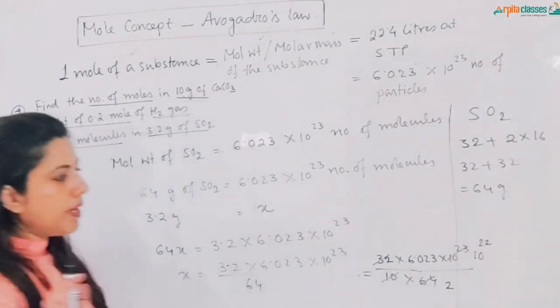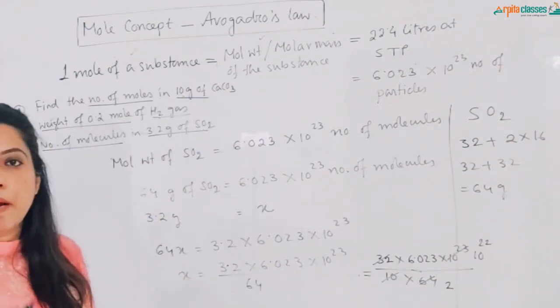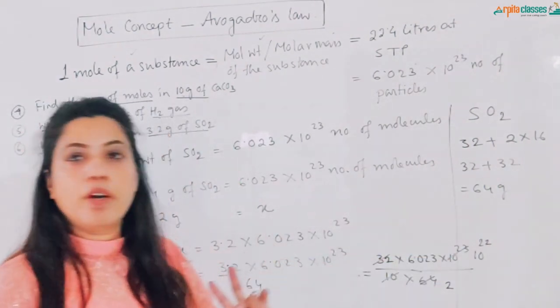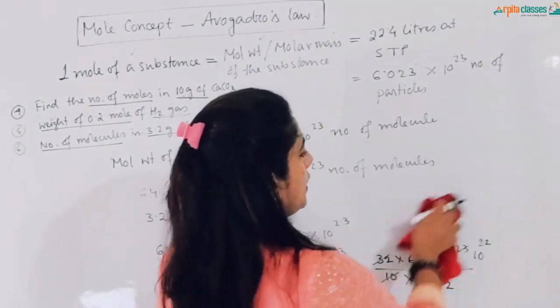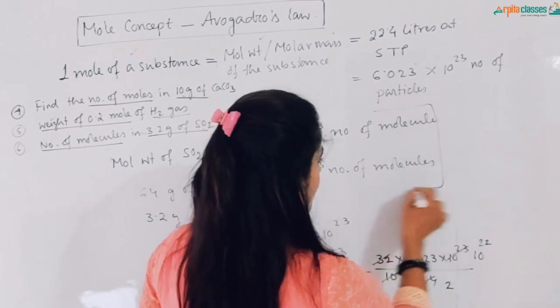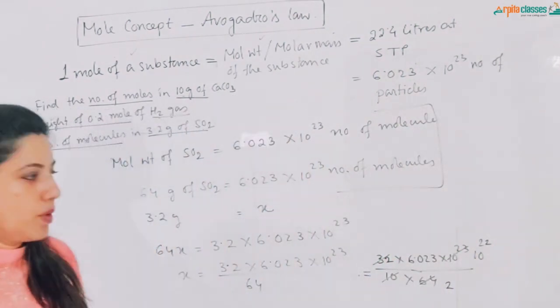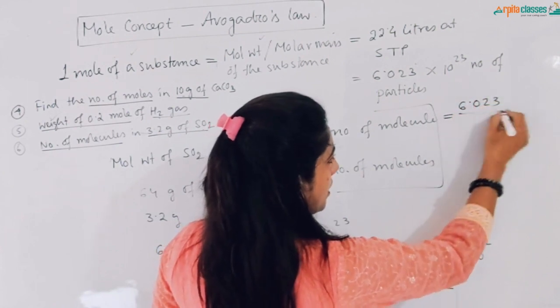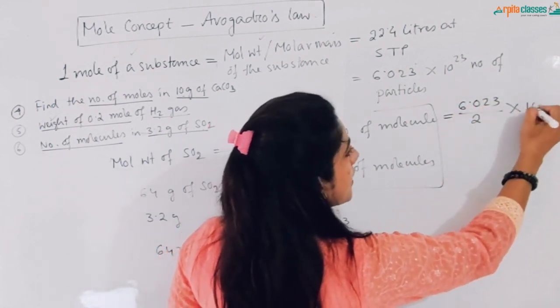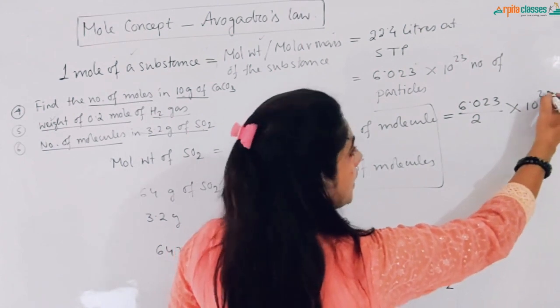So now I can simply do 6.023 divided by 2 and 10 raised to power 22 will remain as it is. Okay, I'll show you the calculations over here. I'm sorry, there is a space problem, so you have to understand a little bit. So we are getting from here 6.023 divided by 2 into 10 raised to power 22.